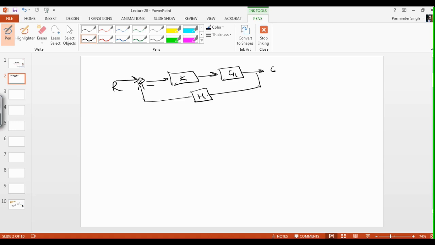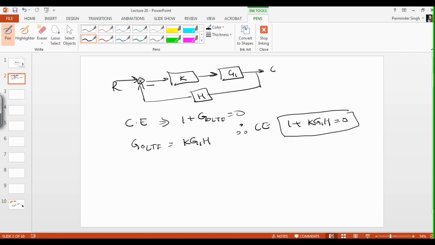Now we know that the characteristic equation for this system will be nothing but 1 plus the open loop transfer function equal to 0. Now what is the open loop transfer function for this? It's nothing but the product of the transfer functions of all the blocks. So K G1 H. Therefore the characteristic equation becomes 1 plus K G1 H equal to 0.